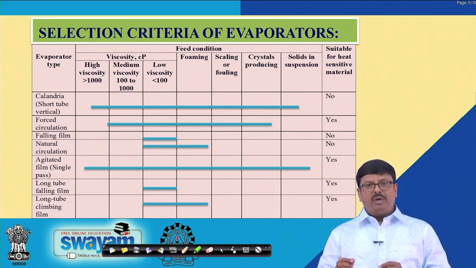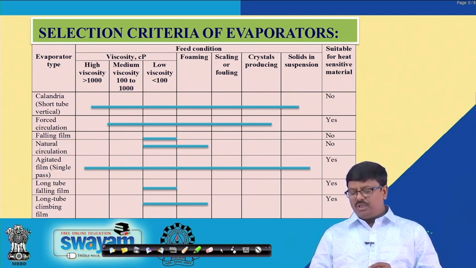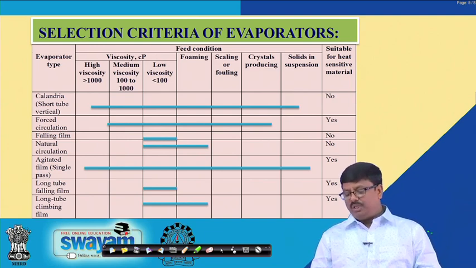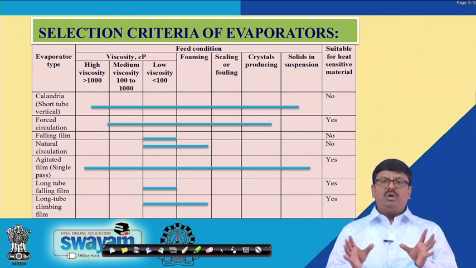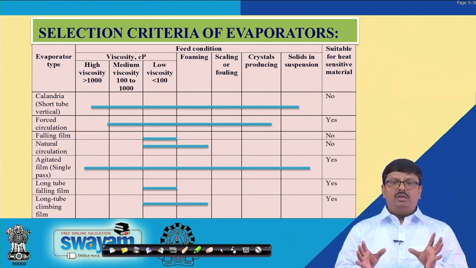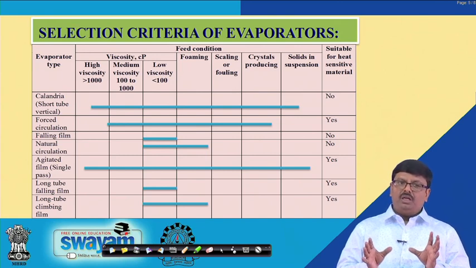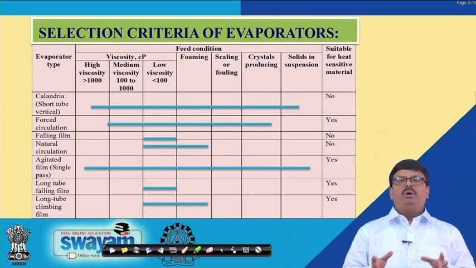This is also an important factor to be considered, crystal producing and solids in suspension, and one more thing is whether it is suitable for heat sensitive materials or not. So, considering these major parameters, we can consider here the selection or recommendation of an evaporator for its specific applications.